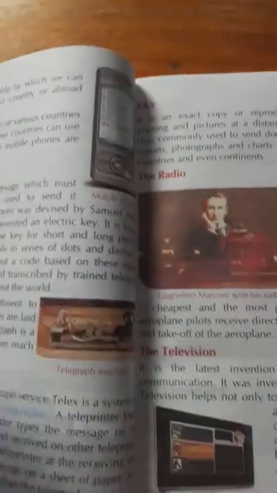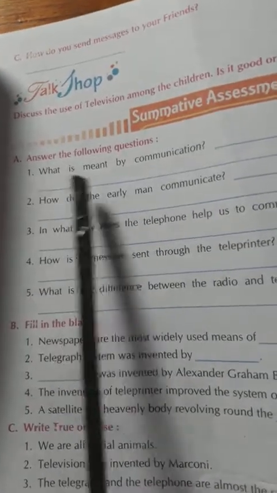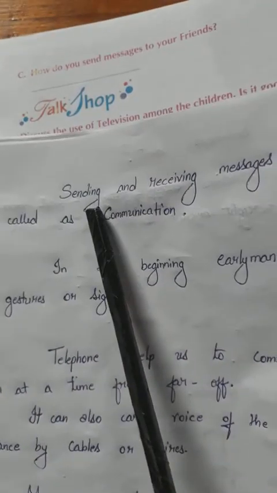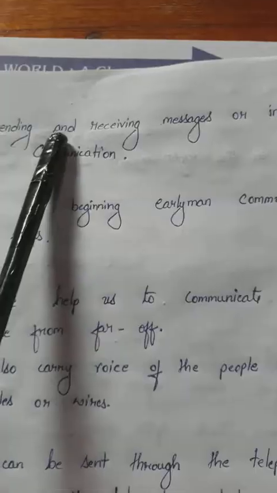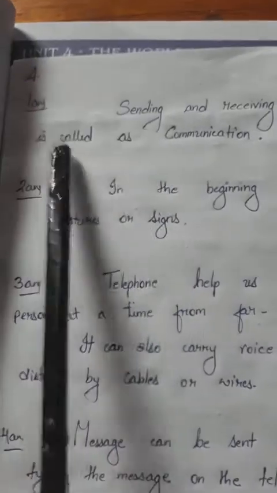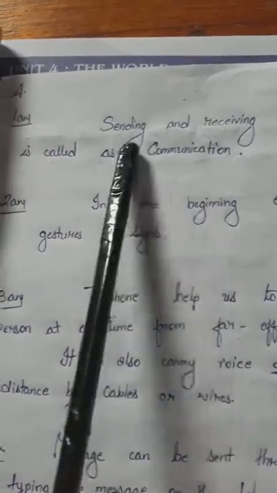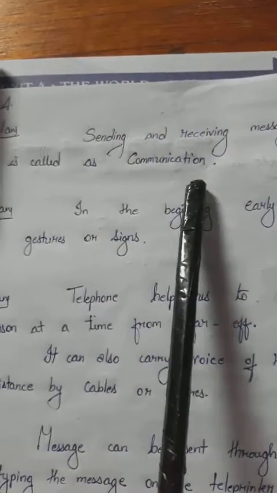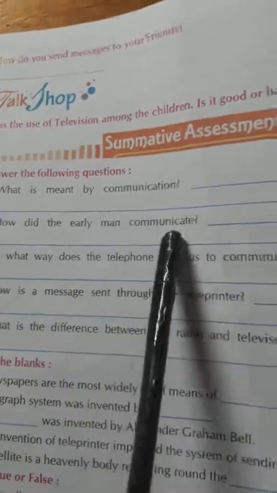Now I want to give you some notes, that is, answer the following questions. Number 1, what is meant by communication? The answer: sending and receiving messages or information is called communication. Number 2, how did the early man communicate?